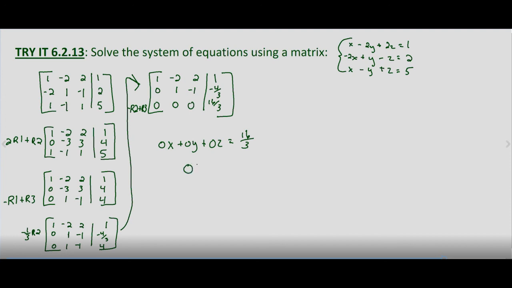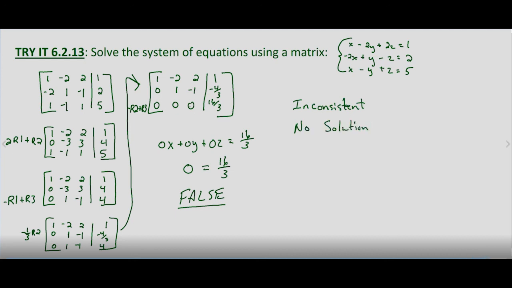So in effect, what this means is 0 equals 16/3. But that's false. So this is like when we were solving using elimination and substitution without using matrices. We end up with the variables falling out and an untrue statement. So what does that mean? It means that this system is inconsistent and that there is no solution.